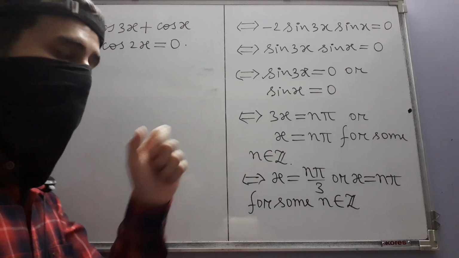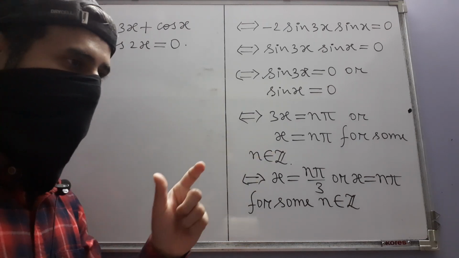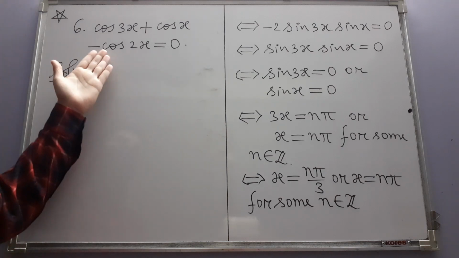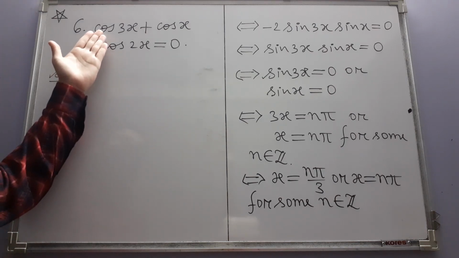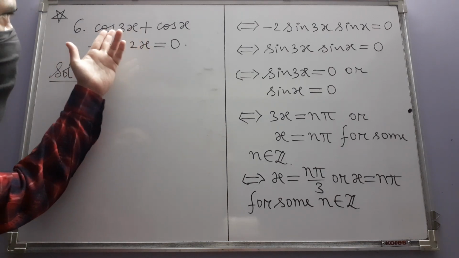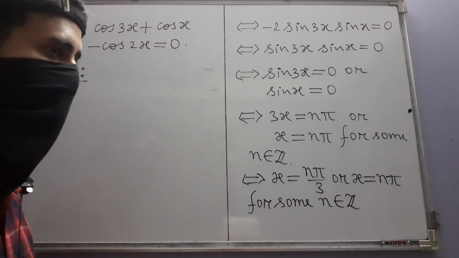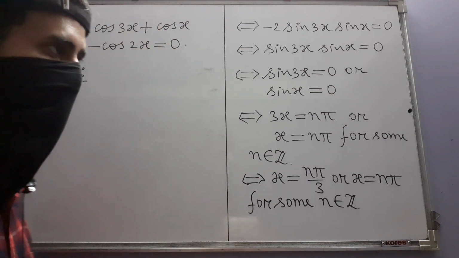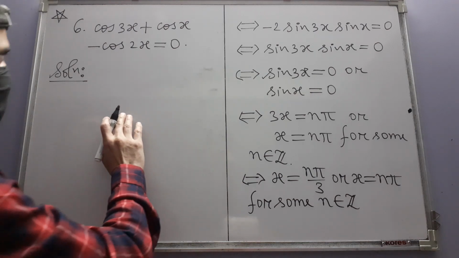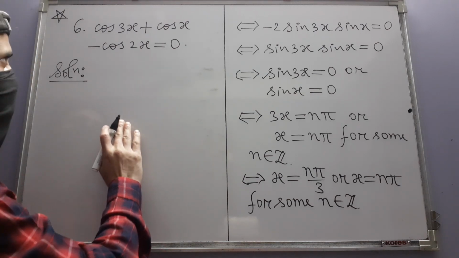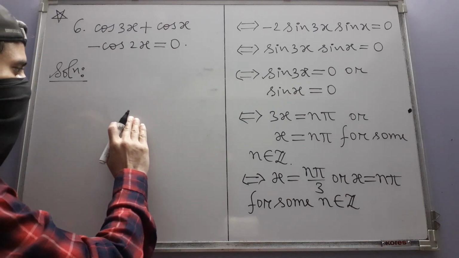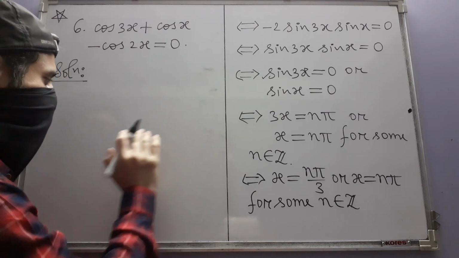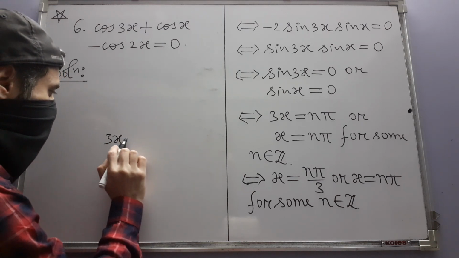which you are not involving in that formula also is that same thing. So what here we are going to do is we are going to apply cos a plus cos b formula to the first 2 terms. Let us, before applying, just think of what we are going to get. We are going to get 3x plus x divided by 2 and also 3x minus x divided by 2.